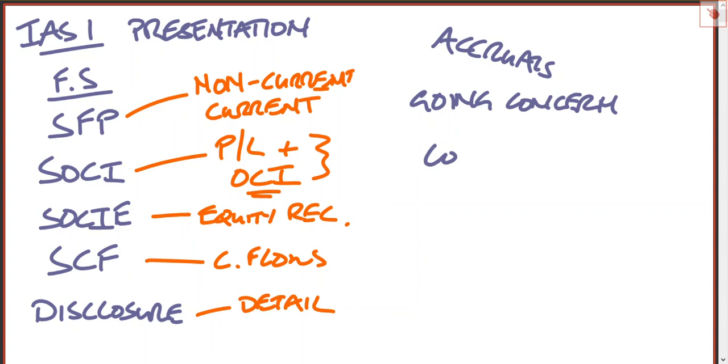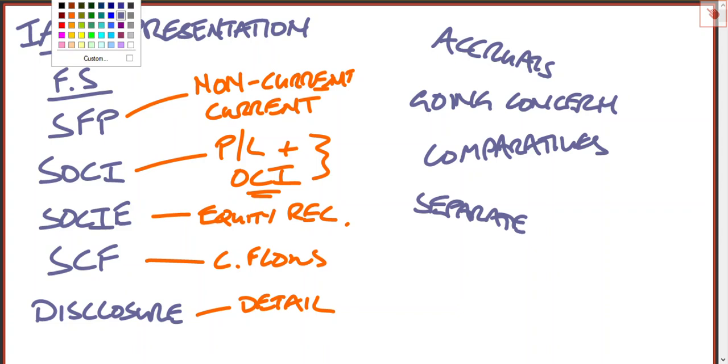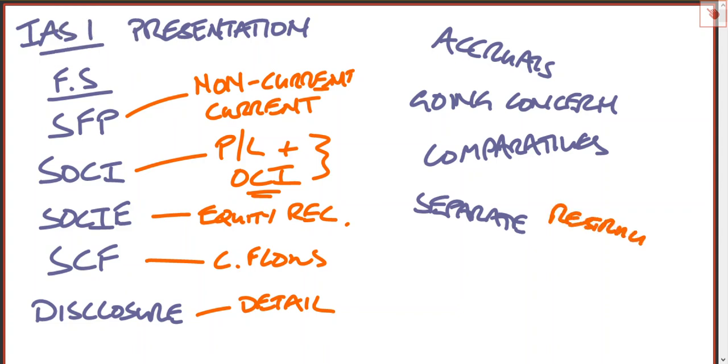You've also got to have comparatives. You've also got to have separate disclosures for things like if you have restructuring, impairment losses, material items, got to be disclosed somewhere in the notes or on the face of the financial statements.